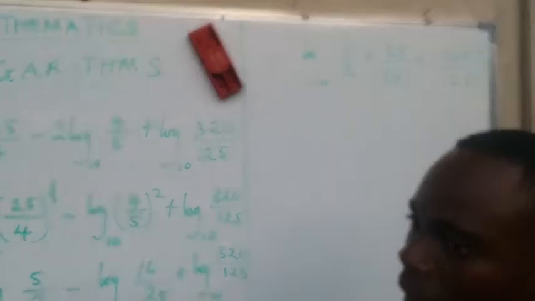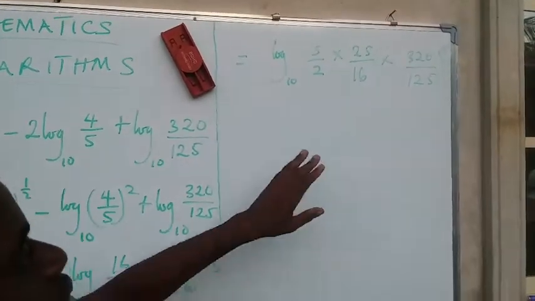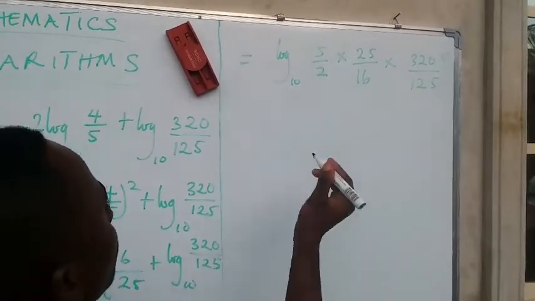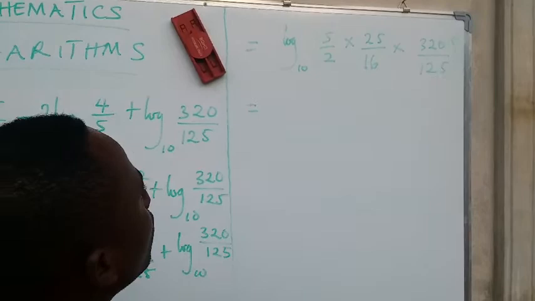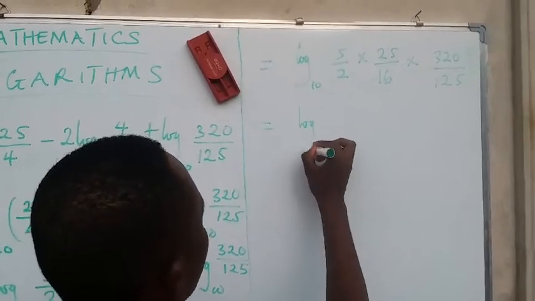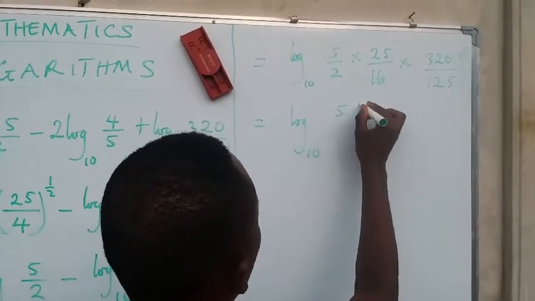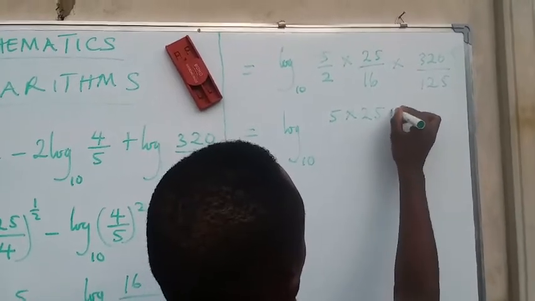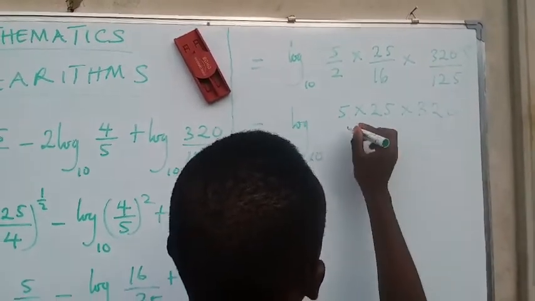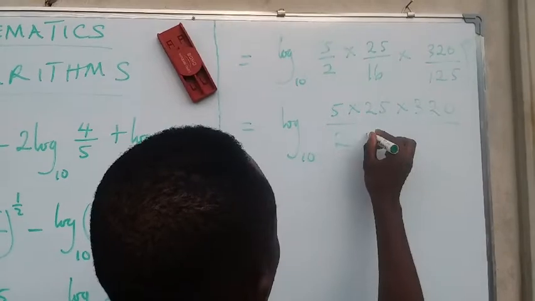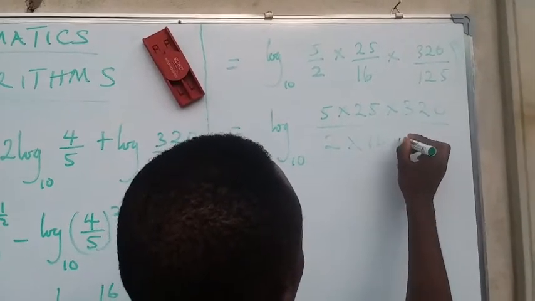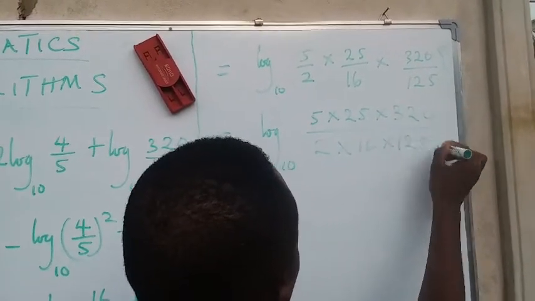Good. So at this stage we are going to reduce these fractions to their lowest term, but before we do that, we are going to have this as logarithm to base 10 of 5 multiplied by 25 multiplied by 320 all divided by 2 multiplied by 16 multiplied by 125.